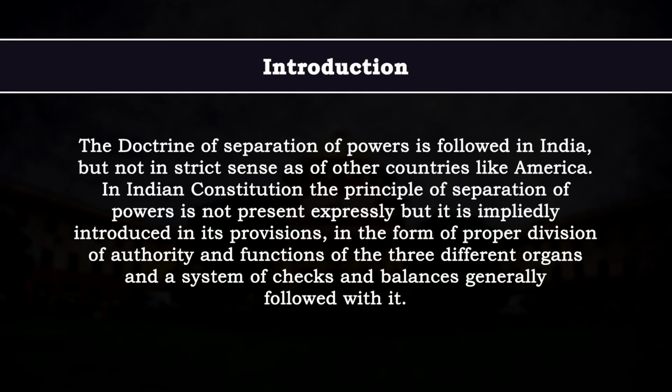Because one organ will be checked by the other organ, the doctrine of separation of powers reduces the chance of misuse of power and corruption, and helps to reduce the chance of enacting a tyrannical law.